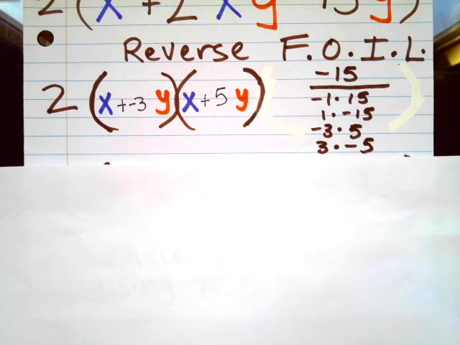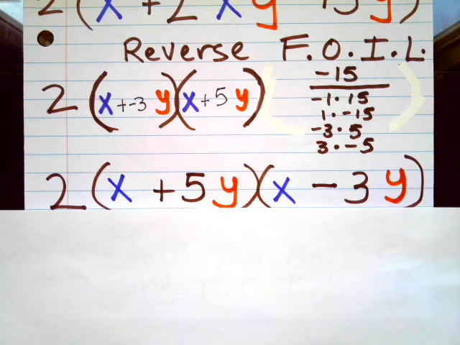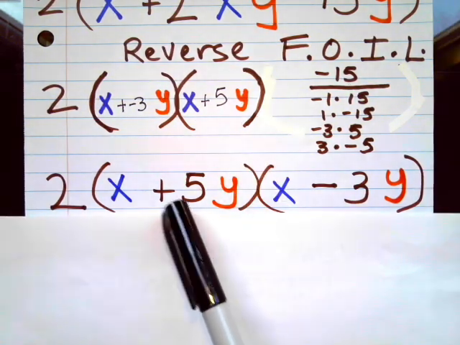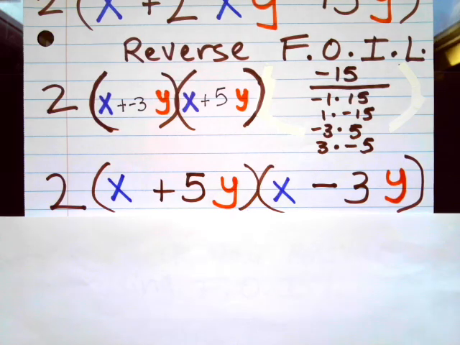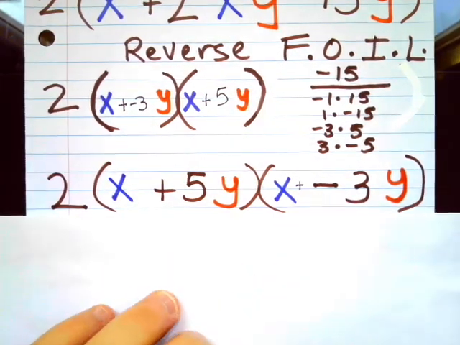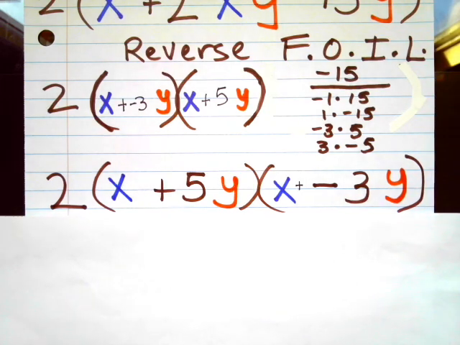And if you've been following along, hopefully this has made sense to you. Or again, you could write this the other way. You could put a plus 5 or a positive 5 on the left parenthesis and a plus negative 3 in the other. And of course, you're going to come up with the same value.